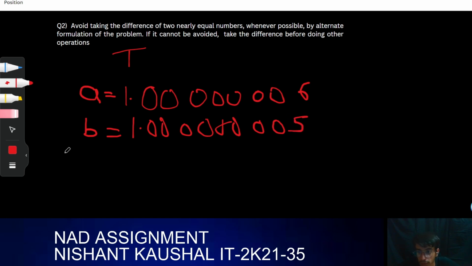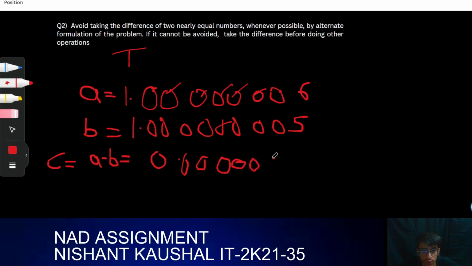So when we perform an operation like C equals A minus B, its answer will be 0.000... how many zeros are there? 1, 2, 3, 4, 5, 6, 7. 0, 0, 0, 0, 0, 0, 0, 1.